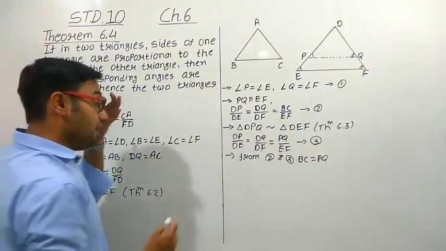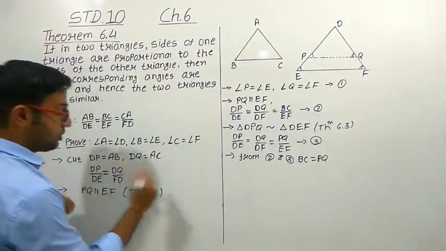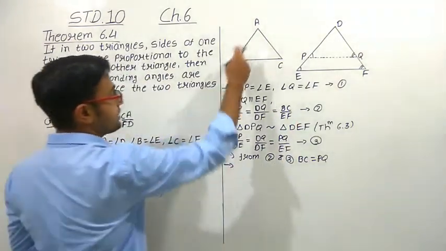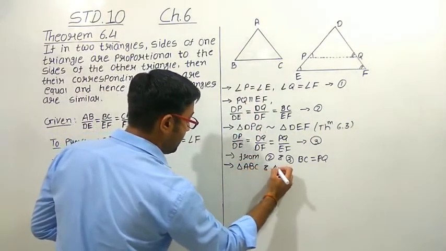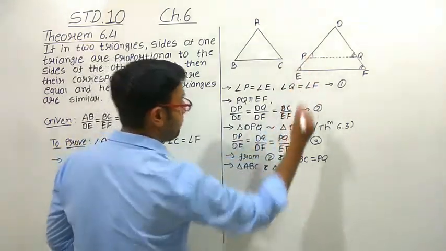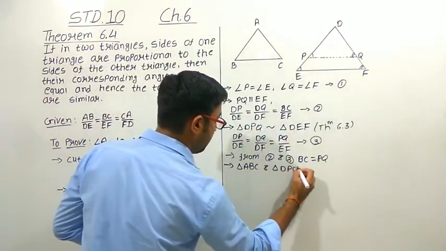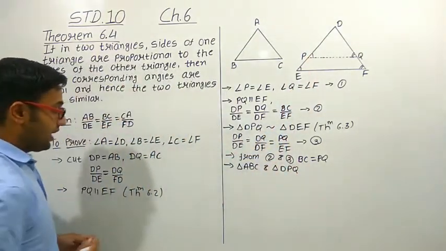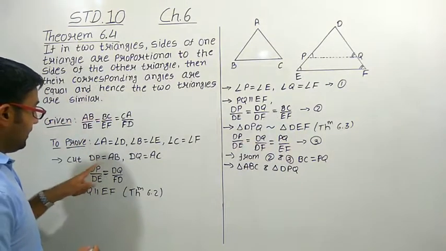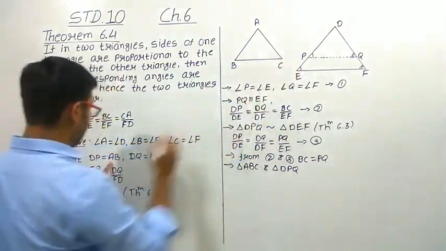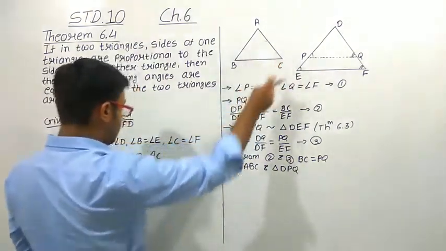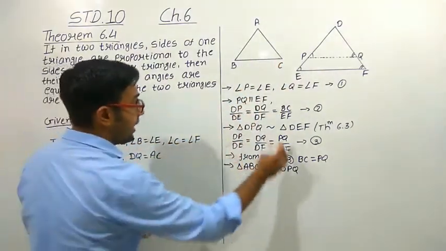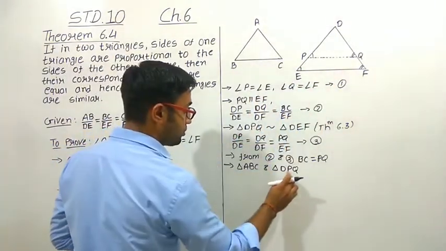So now see, consider another two triangles: triangle ABC and triangle DPQ. In both these triangles, sides AB and DP are equal, the first side. Second, DQ and AC are also equal, and third, sides BC and PQ are also equal.